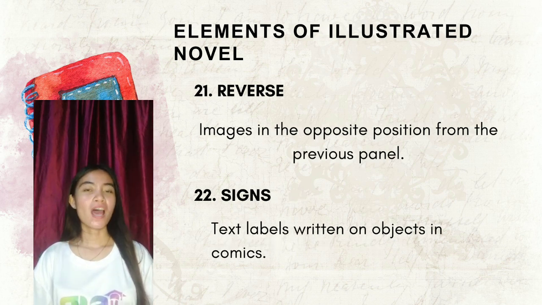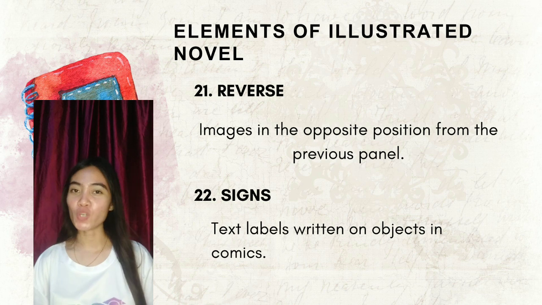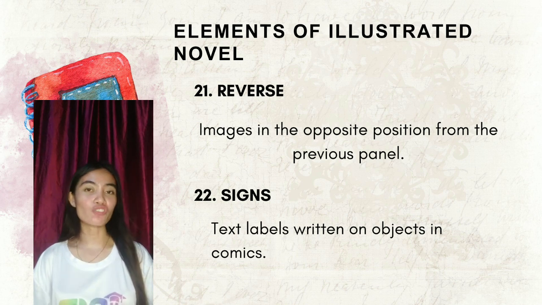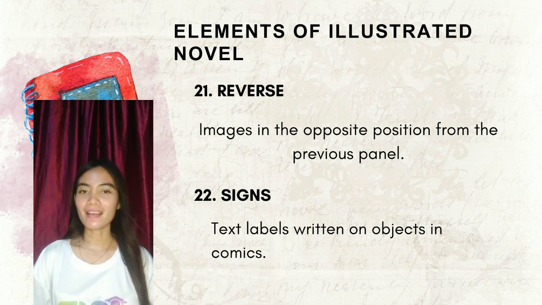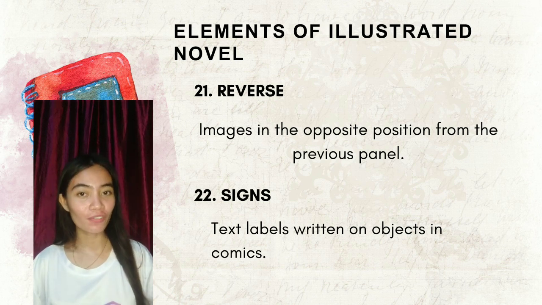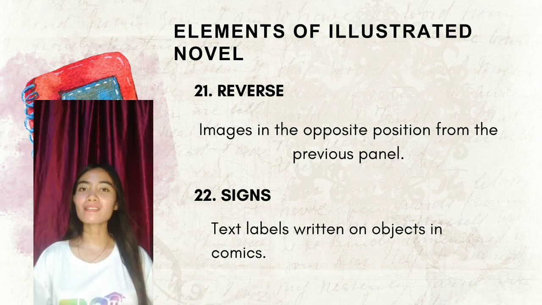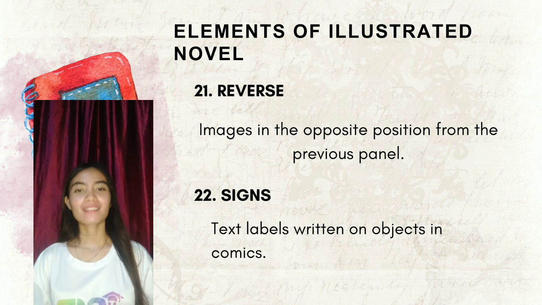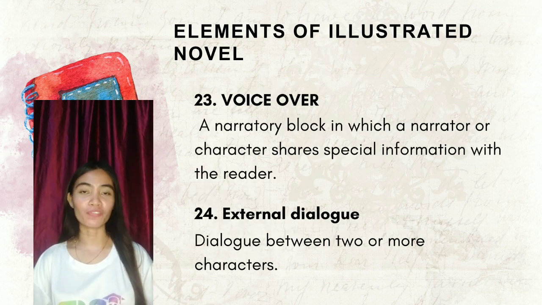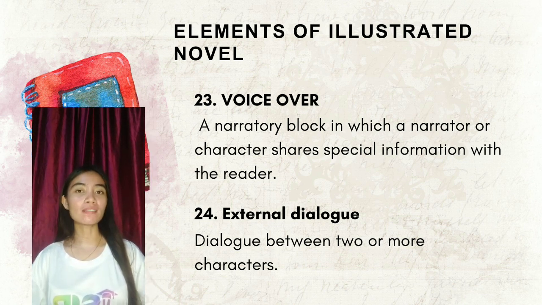Next is the reverse, an image or scene that is shown from the opposite angle or position compared to the previous panel, often used to show a change in perspective. Next is the signs. Text labels or signs within a comic that identify or name objects, places, or other elements. Next is the voiceover, a narrative block where a narrator or character provides commentary or special information to the reader, often distinct from dialogue.